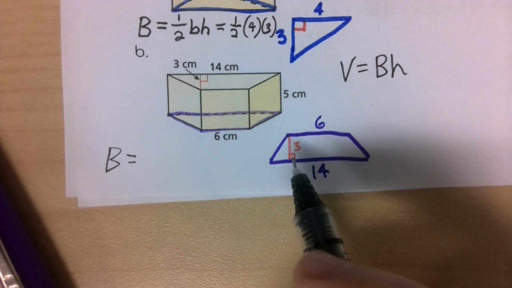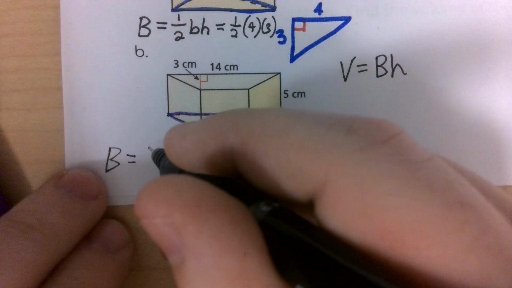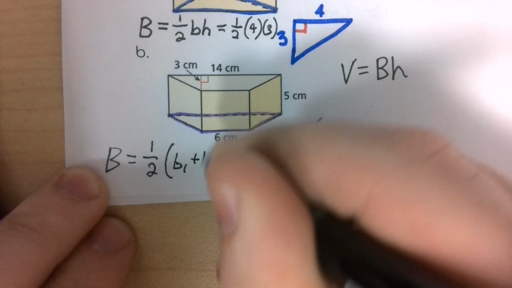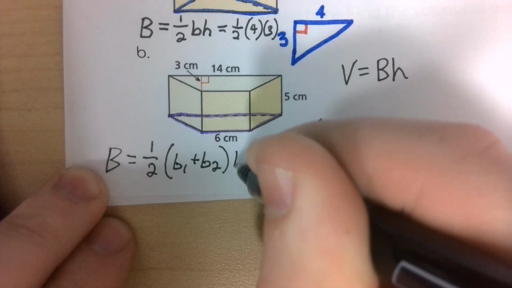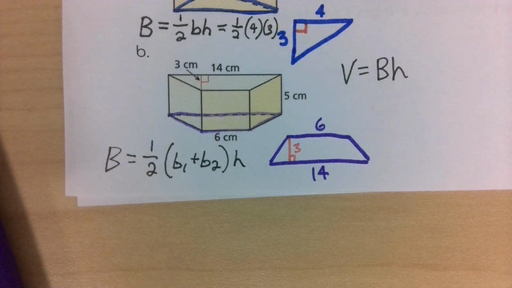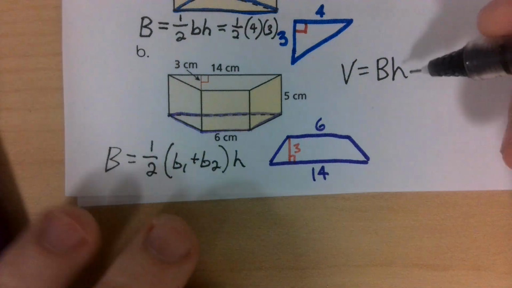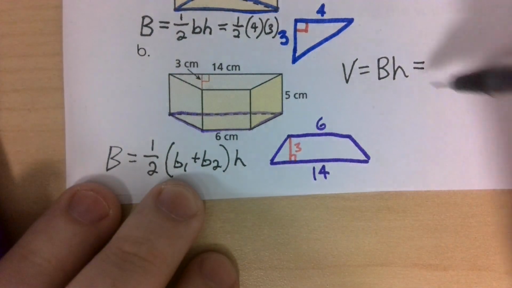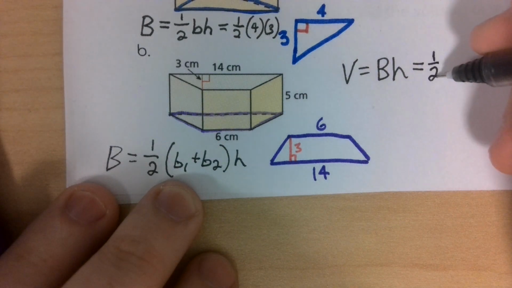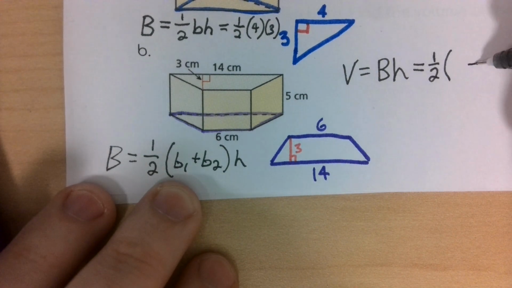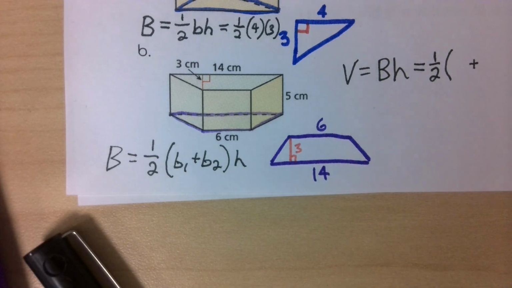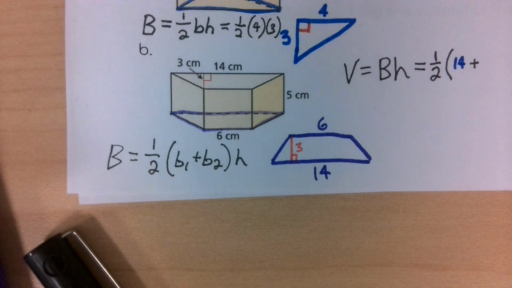The base is a trapezoid, and the area of a trapezoid, as we learned in Unit 7, is 1/2 base 1 plus base 2 times height. So I'm going to plug all of this in to my formula here. The volume will be 1/2 of, well, base 1 looks to be 14, so I'm going to put a 14 here.